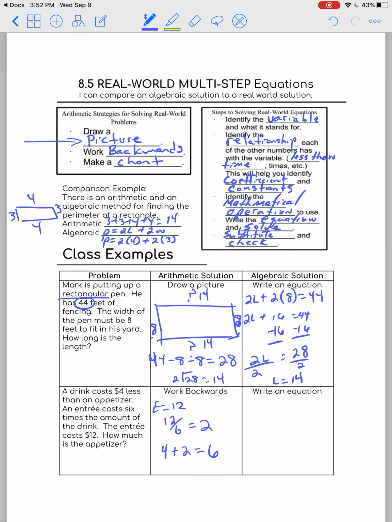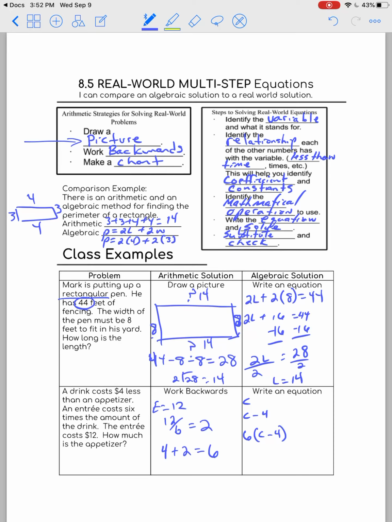Let's look at it algebraically, because there's different ways to look at things, and some things may work better for you than others. So the variable we know is C. We're looking for the cost. The drink is C minus 4, and the entree is 6 times C minus 4.